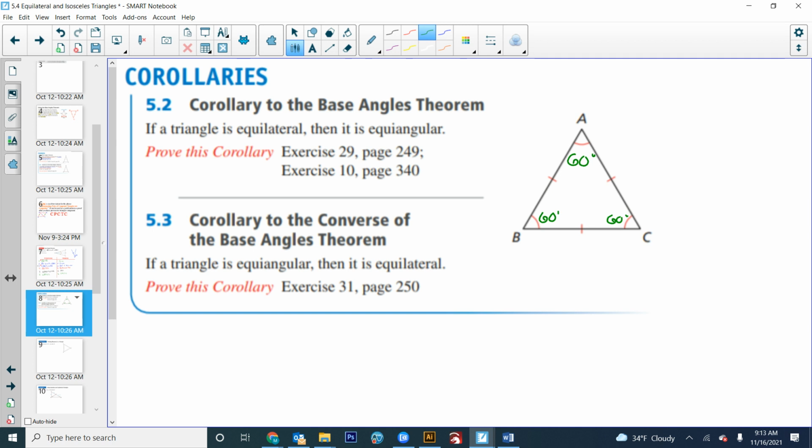Every single time: 60 degrees, 60 degrees, 60 degrees, if it's equilateral and equiangular. So on a problem, what if they say solve for x, and they put a 6x up here? You set 6x equal to 60 and solve for x, right? Make sense?